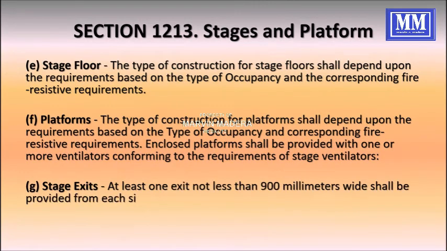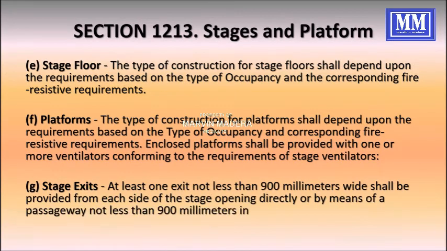Stage exits. At least one exit not less than 900 millimeters wide shall be provided for each side of the stage opening directly by means of a passageway not less than 900 millimeters in width to the street or exit court. So for stage exit, it should be exits to the open spaces.